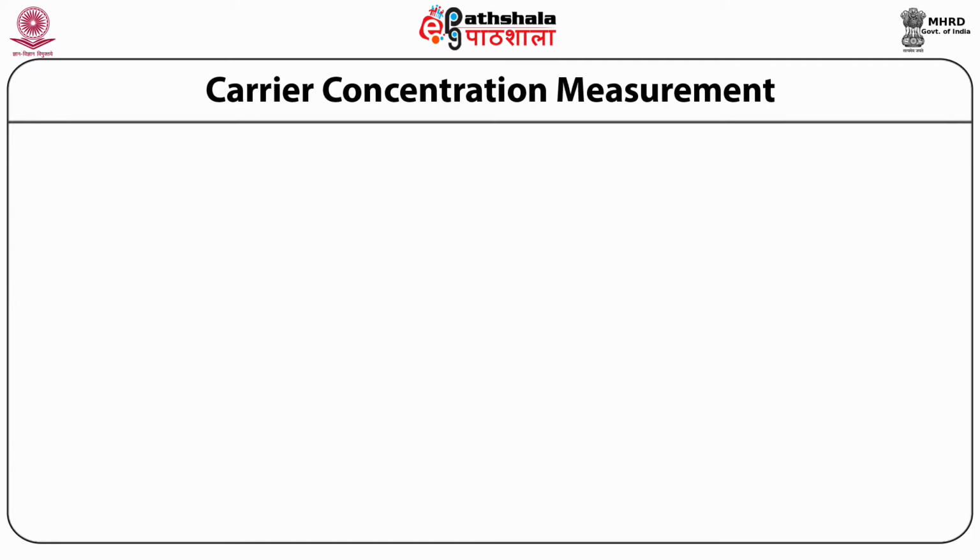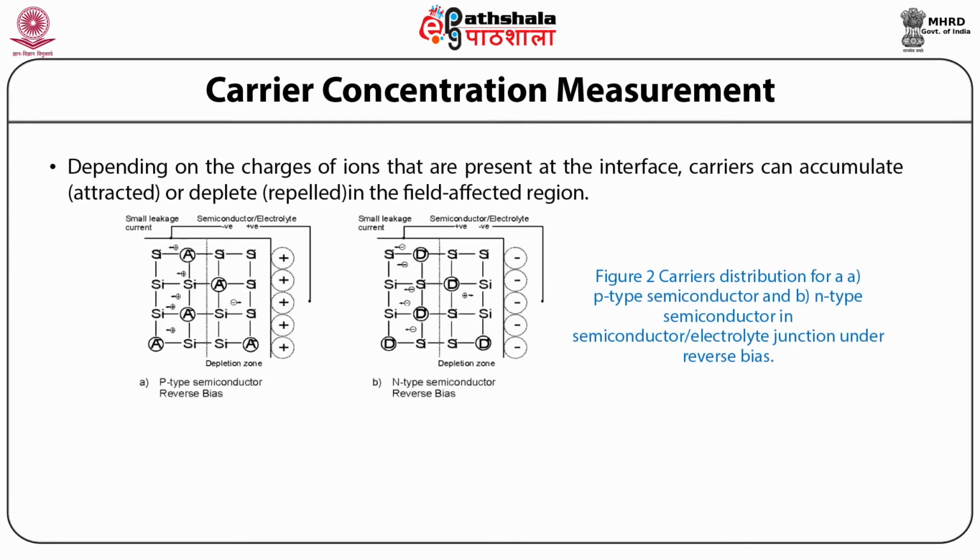Carrier concentration measurement. Depending on the charges of the ions that are present at the interface, carriers can accumulate, attracted, or deplete, repelled, in the field affected region. For determining the carrier concentration through the CV technique, conditions should be favorable for the formation of a depletion region.